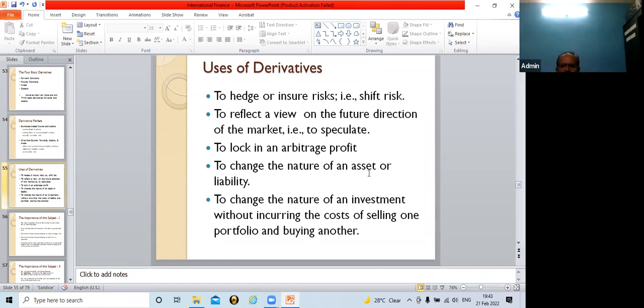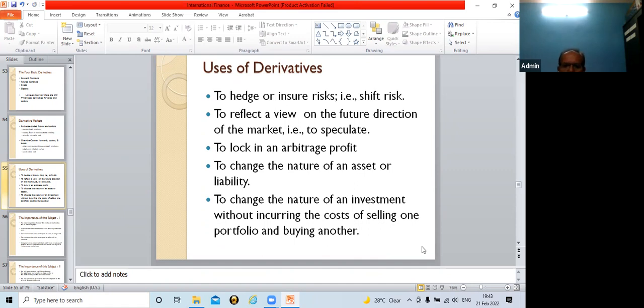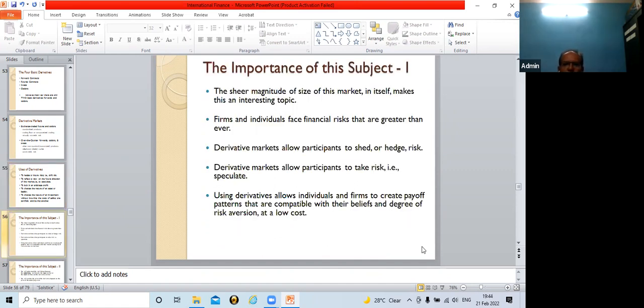To change the nature of an investment without incurring the cost of selling one portfolio and buying another.